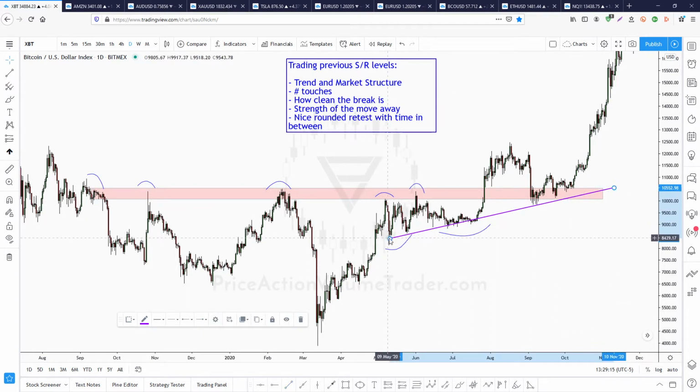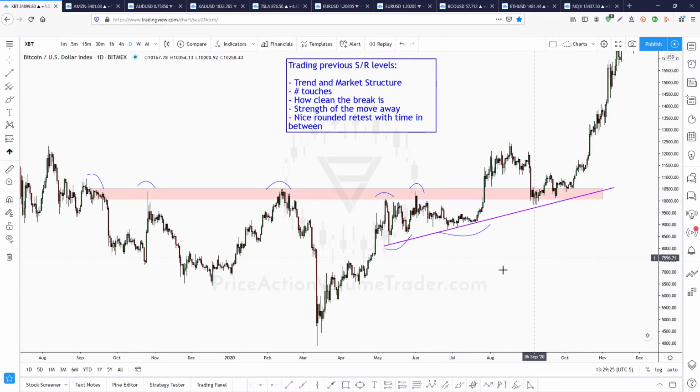Obviously this is after the fact, but there was a nice trend line here that almost got tested. We barely missed it, but from a price action and market structure perspective, we just made a higher high over here on the daily. We broke above all these previous swing highs, and we've been making higher lows.